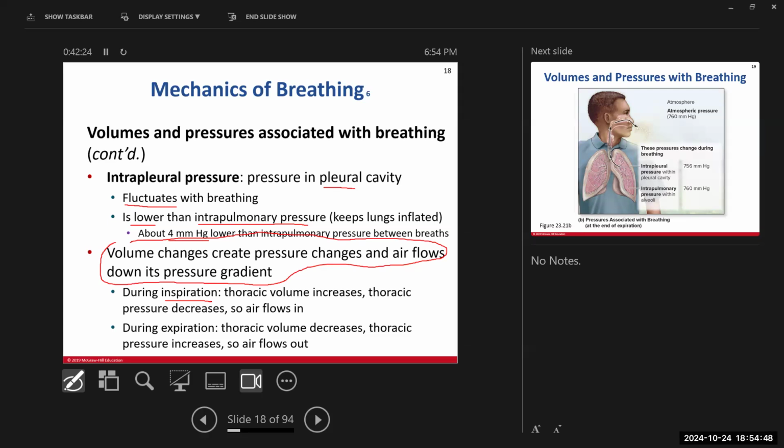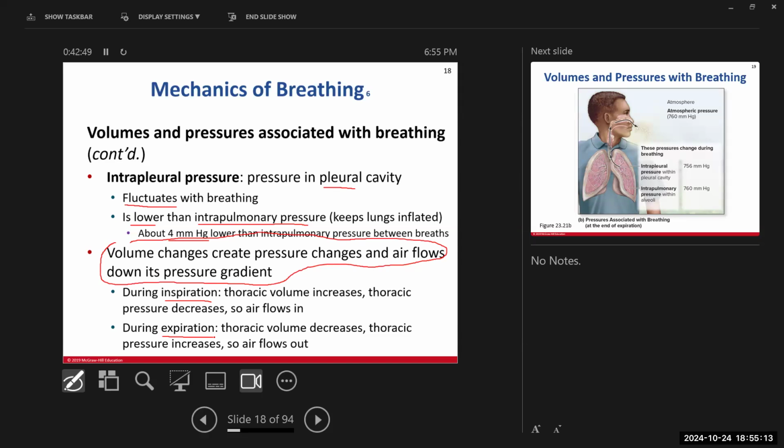You guys cool with that? Okay. So to conversely talk about expiration, we're just going to reverse all that. We're going to shrink our box. We're going to make it smaller. So when you're exhaling, everything goes back to its original positioning. Our thoracic volume decreases. Therefore, Boyle's law, what does that mean? What happens to the pressure?